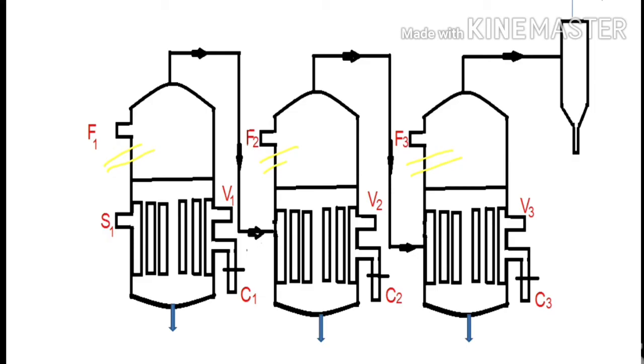In the beginning of the experiment, the equipment is at room temperature and atmospheric pressure, and the liquid feed is introduced through the respective feed inlet up to the level of the upper tube sheets. Then the vent valves V1, V2 and V3 are kept open, and all other valves are closed.